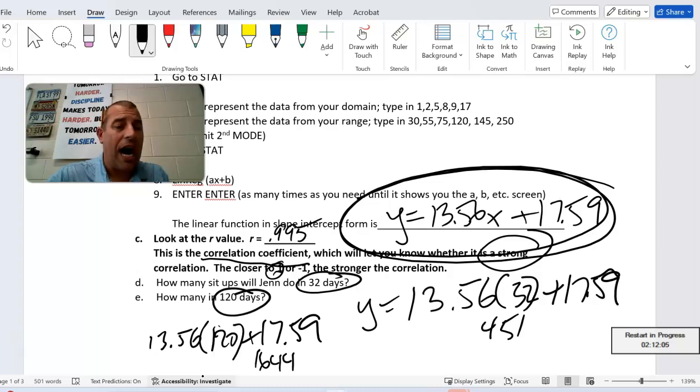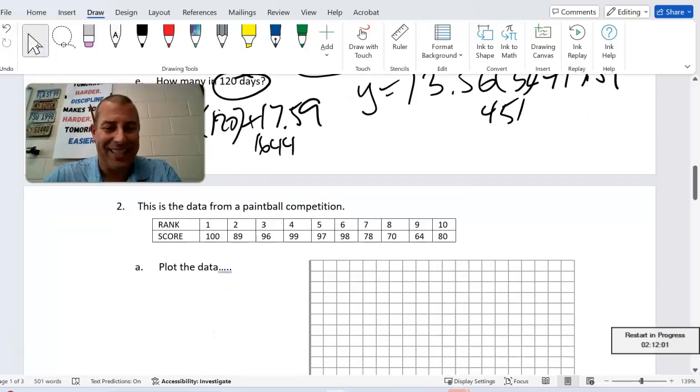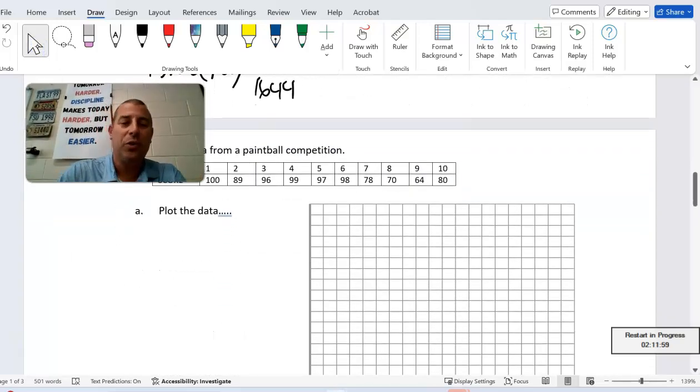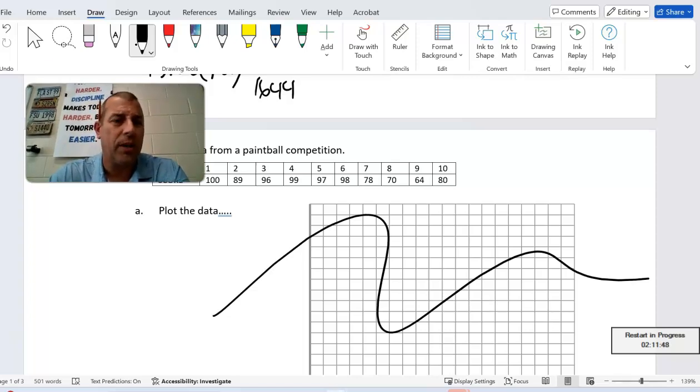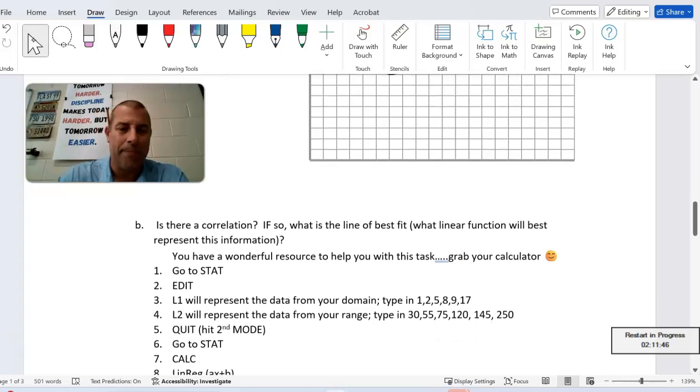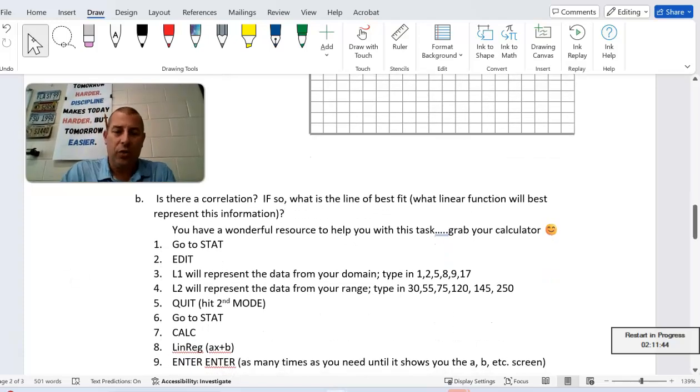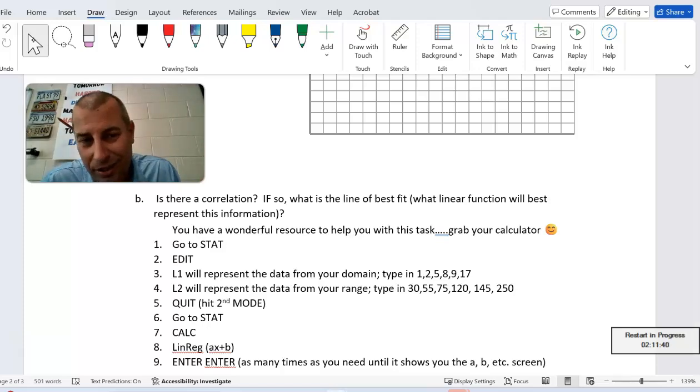So here's what you're going to do. You're going to go to the second page. You're going to try what we just did. Now, say no thank you to the plotting that's there. I'm not going to be interested in that with this particular question. What I am heavily interested in is when you type it in, we're going to tell you, yes, there's a correlation, but it's not going to be a very strong correlation.